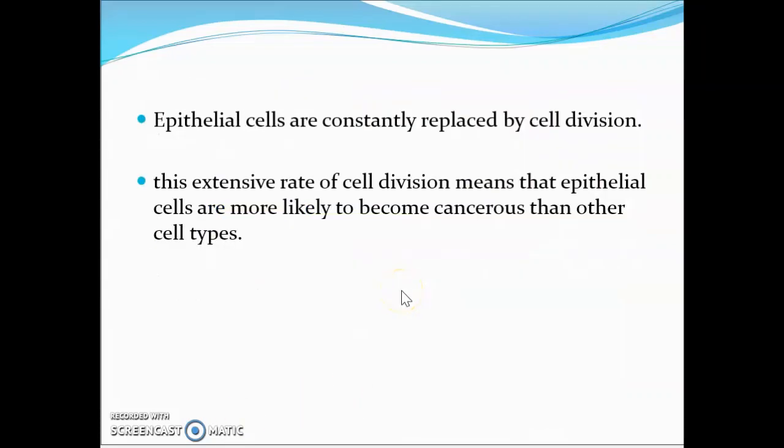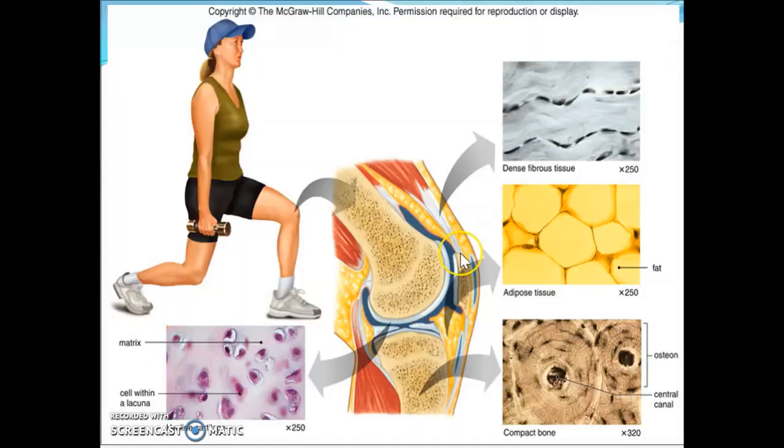The epithelial cells are constantly exposed to abrasion. Hence, epithelial cells are usually replaced by cell division. The second type of animal tissue that we will be discussing is the connective tissue.